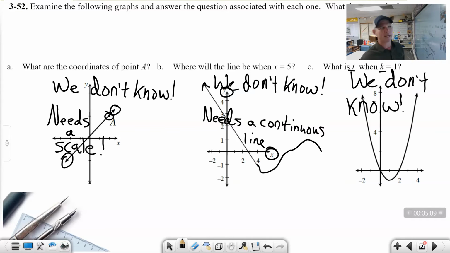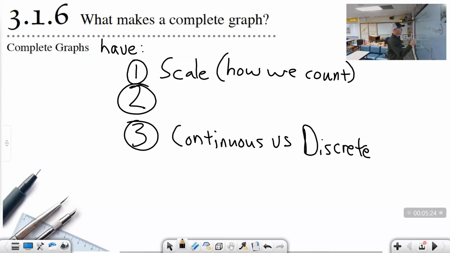Which of these variables is dependent? Which of these variables is independent? I don't know. I'm the teacher and I don't know. Why? Because it's not labeled. It doesn't have a labeled dependent or independent axis. So what we need is labeled axes.